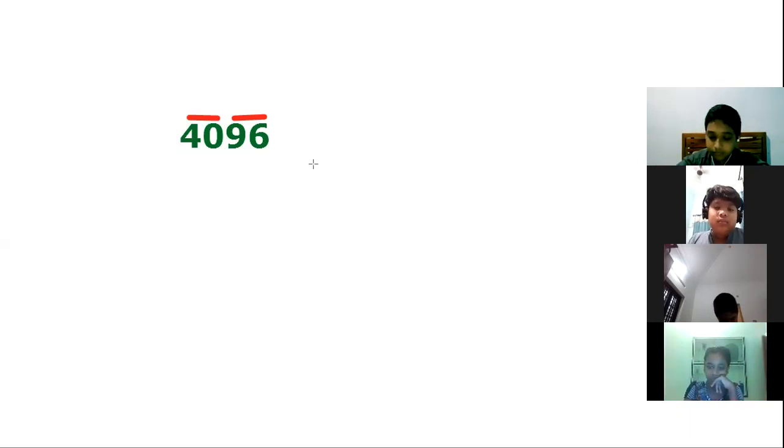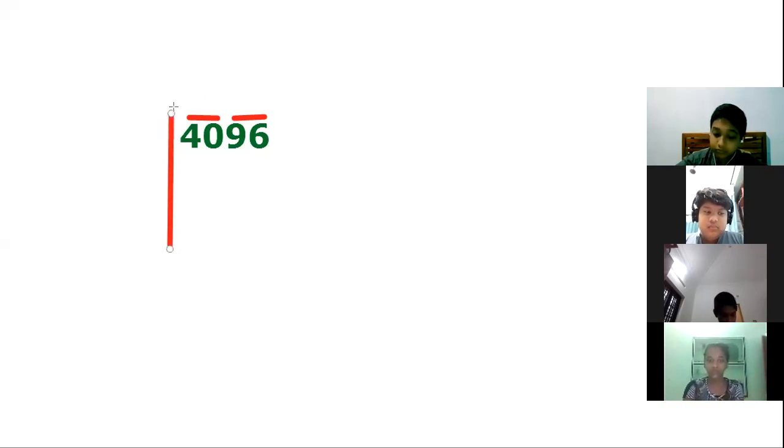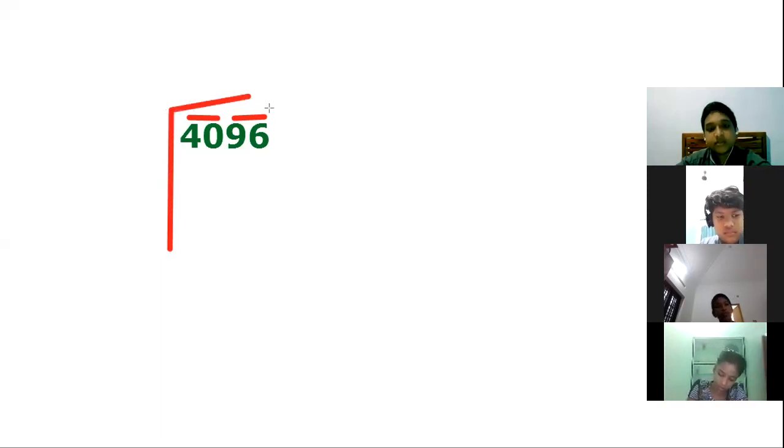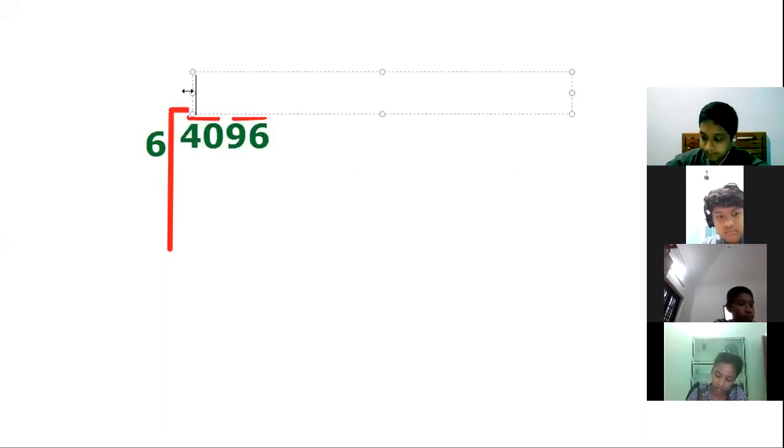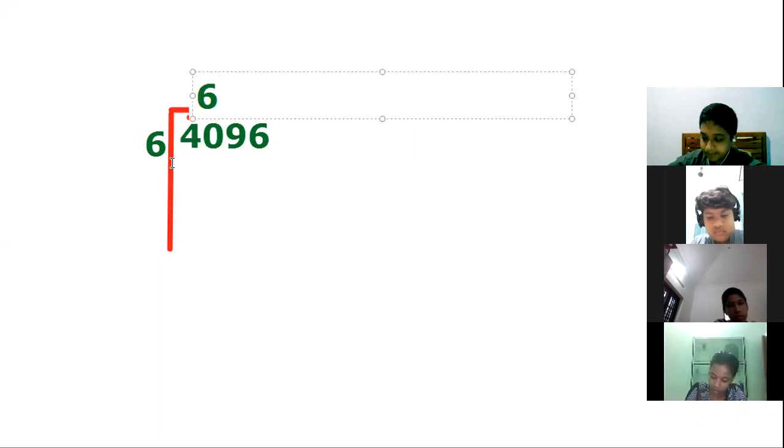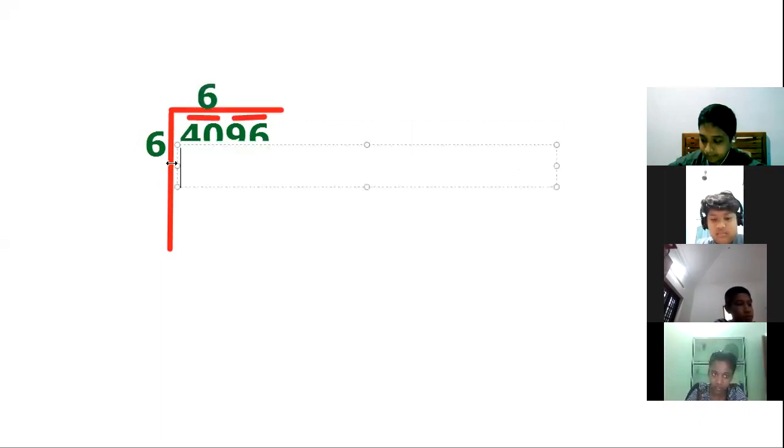Now we divide by 6. 6 into 6 is 36. So we write 6 here, and again 6 into 6 is 36, so we write 36 here.